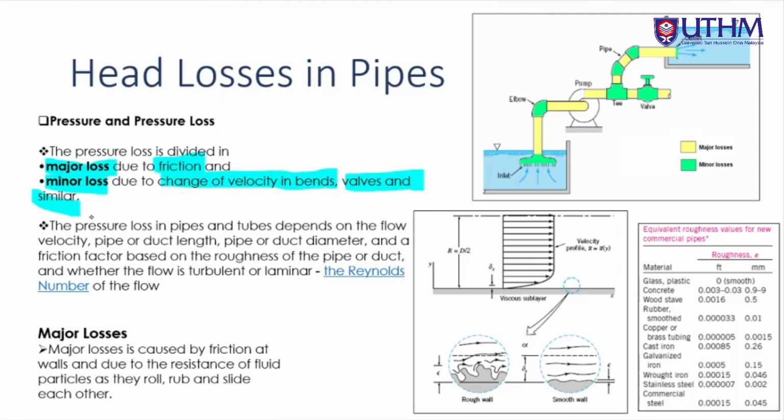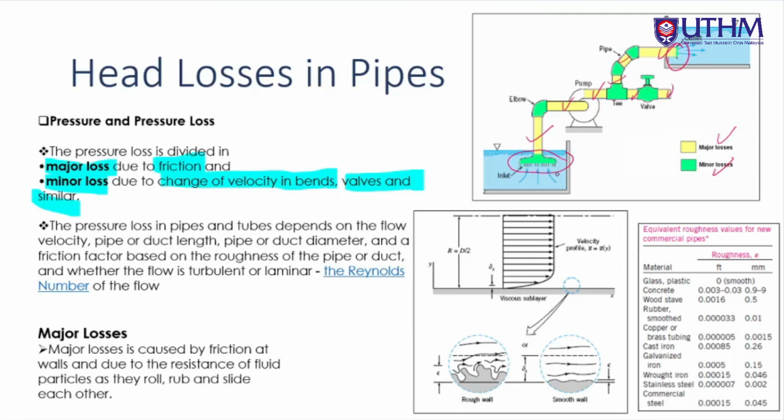Okay, what else? Kalau kita tengok dekat gambar ni, gambar ni is much easier lah for us to classify which one is major losses and which one is minor losses. So major losses kita dapat lihat yang pada kuning ni. Kuning ni semua sebab dia ada friction pada pipes. Okay. And then minor losses due to kat sini dia ada entrance, dia ada exit.